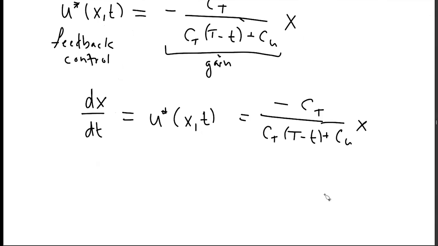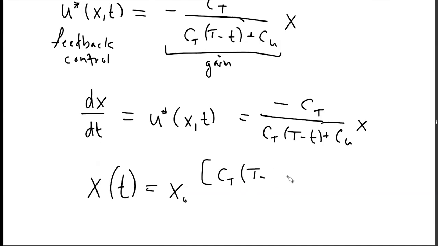I've already solved it, and I can tell you that the solution is going to be, we're going to use our initial condition, x0, and write our state space trajectory as x(t) is equal to x0, our initial condition, times c_T (T - t) plus c_u over c_T T plus c_u.